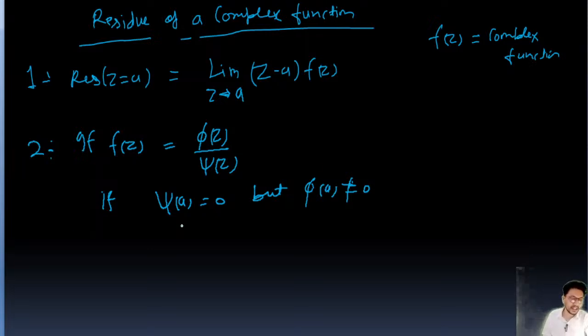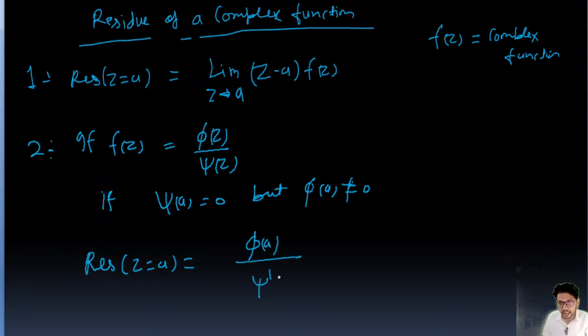So in that case, how are we going to find the residue? Residue at z equal to a is going to be phi(a) upon psi dash(a). So what we do is, if this is the condition, then we differentiate the denominator, that is psi(z), and we put z equal to a.